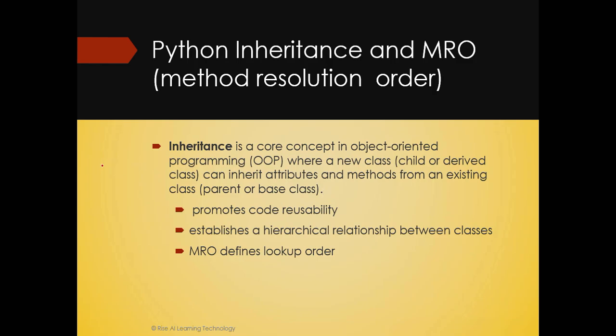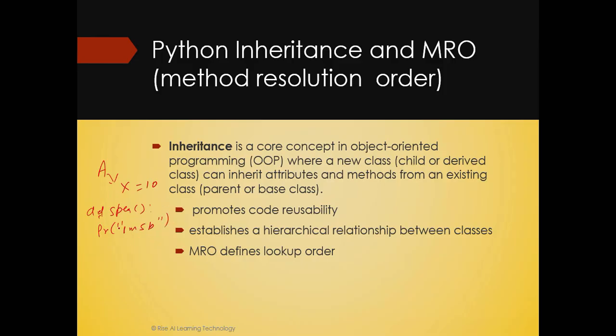Suppose I have a class A, and it has some attribute, say x equal to 10, and it has some method called speak, which prints something, like "I am speaking like this."